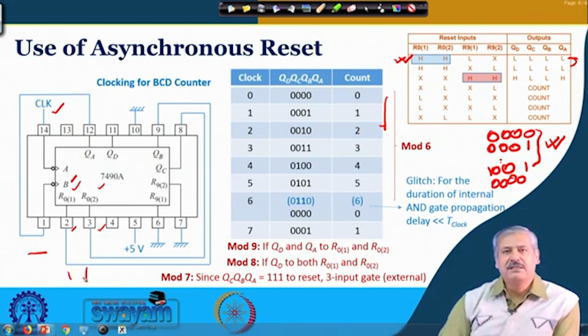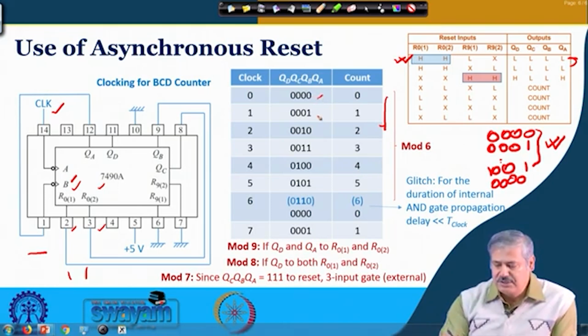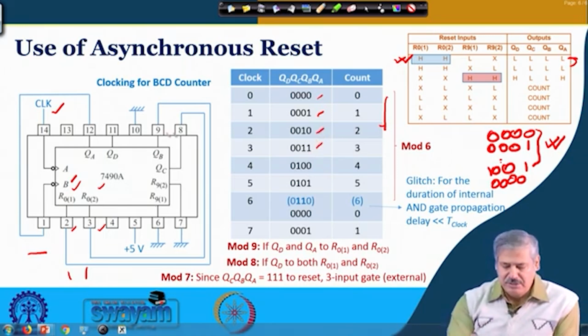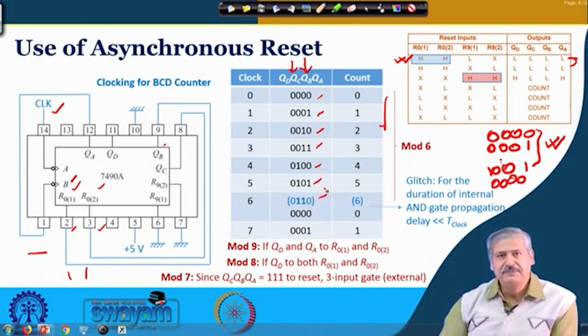If we follow the counting sequence: 0 0 0 0, then 0 0 0 1, 0 0 1 0, 0 0 1 1. Note that this is your QC and this is your QB. After that 0 1 0 0, 0 1 0 1, and then comes 0 1 1 0.